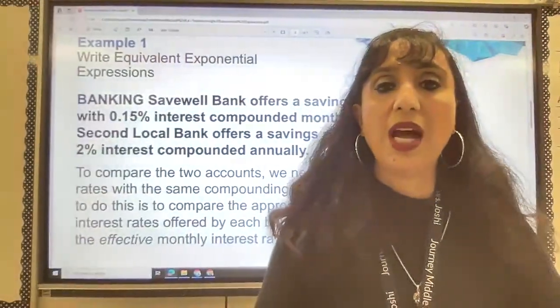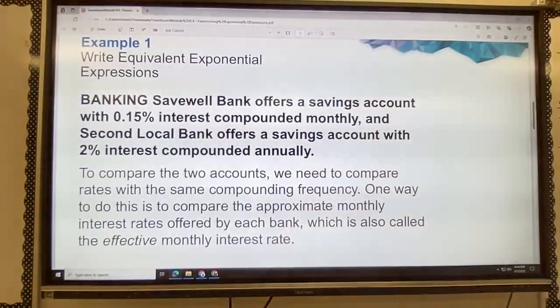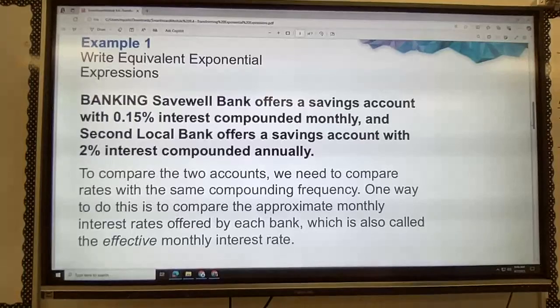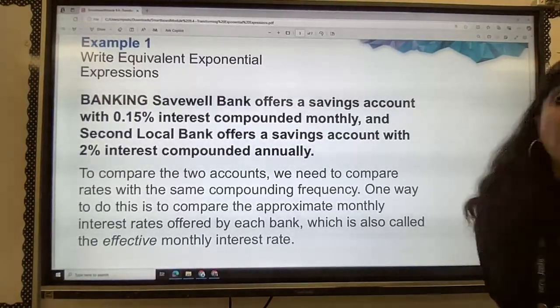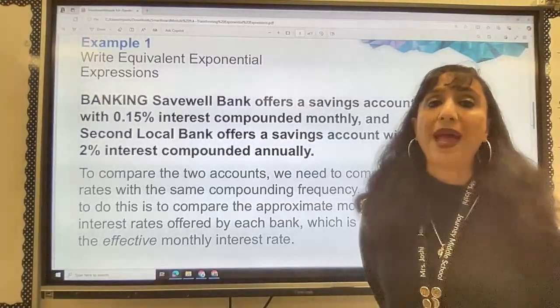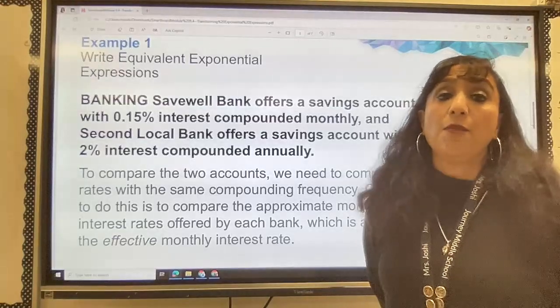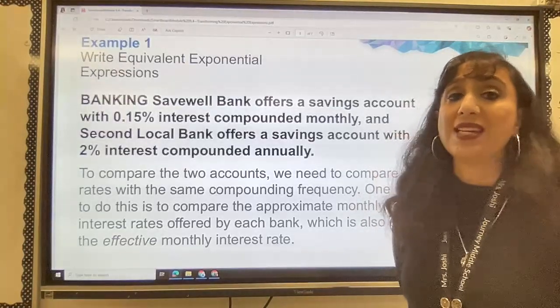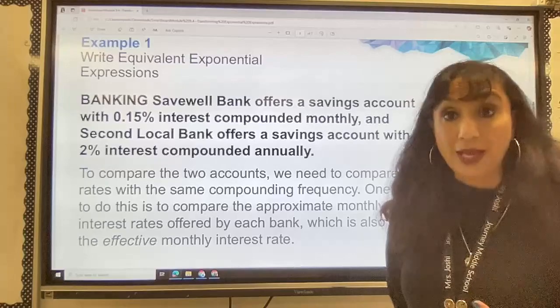So here I have a question which is written out, and we are talking about banking. Sayville Bank offers a savings account with 0.15% interest compounded monthly.